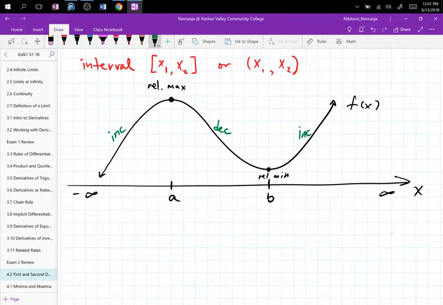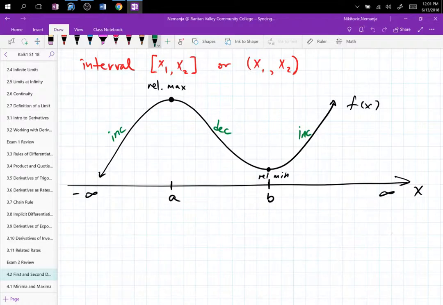The function is increasing because I'm walking up the hill, then it's decreasing because I'm walking down the hill, and then it's increasing again walking up the hill. So we need to develop a mathematical procedure which will tell us, without looking at the graph, where the function is increasing, i.e. growing in y value, and where it's decreasing, i.e. getting smaller in y value.